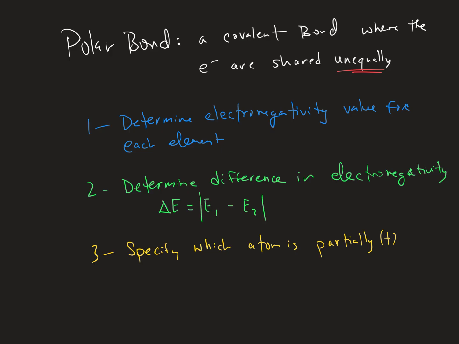If it has more, so this is not an ionic compound. If it has more electrons to it, is it going to be more negative or more positive? More negative. More electrons, more negative. You with me? So it's not an ionic compound, and that's the difference. So we say that's partially negative. The one that's more electronegative is partially negative.